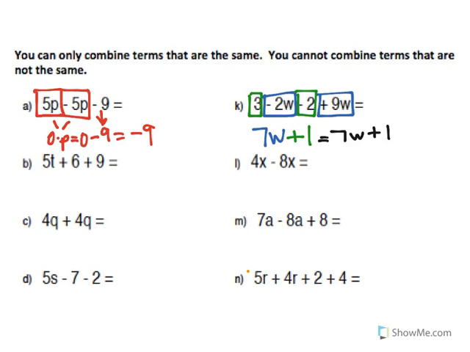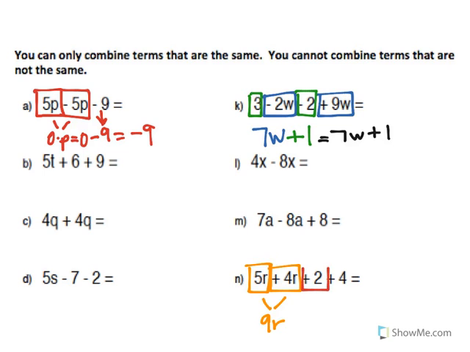I have an expression here. First, I need to identify the like terms. Like terms are variables with the same letter and the same exponent. I have a 5r here and a positive 4r here. I combine them, and I get 5 plus 4 gives me 9r.